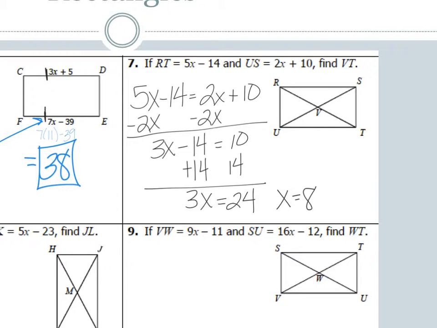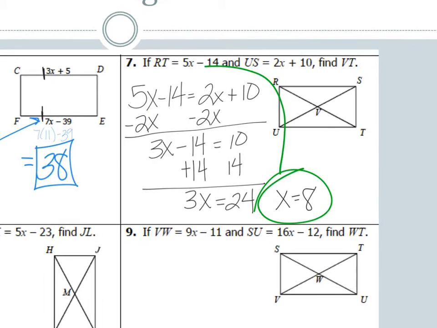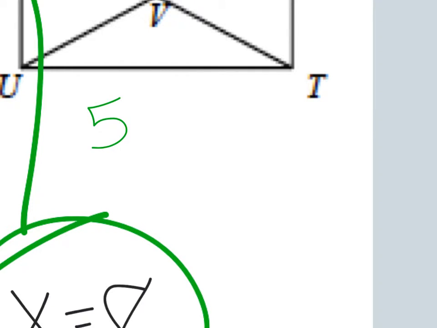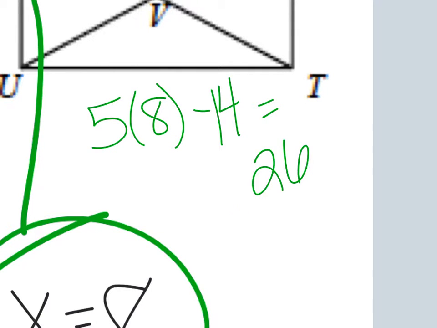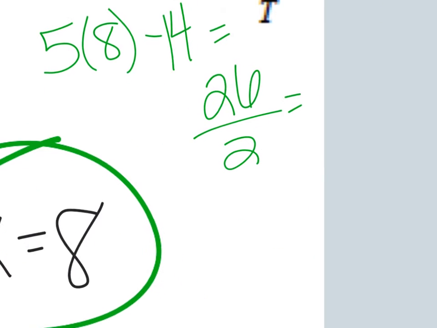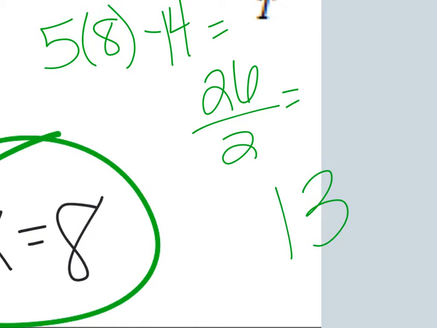So if I can take this x equals 8, plug it into RT, and then divide by 2, I have what VT is. So 5 times 8 minus 14 is 26, divided by 2 is 13.